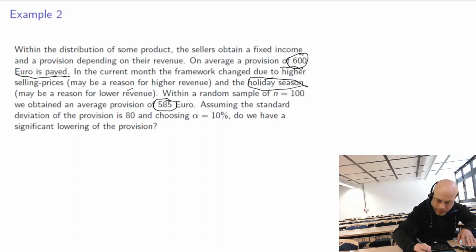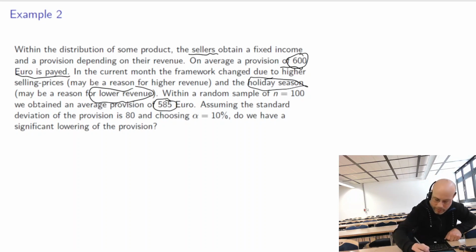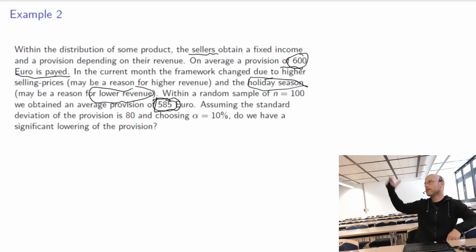Then I just go into the data. What actually have my sellers done, and then I know really the average provision has been going down from 600 to 585. And now I want to know, do we have a significant lowering of my provision?